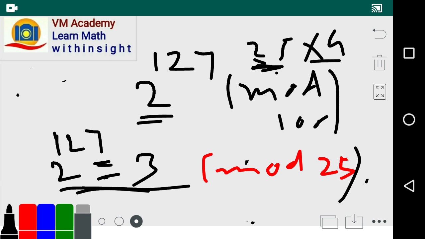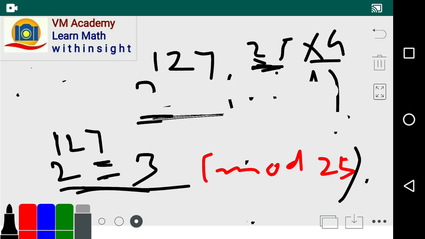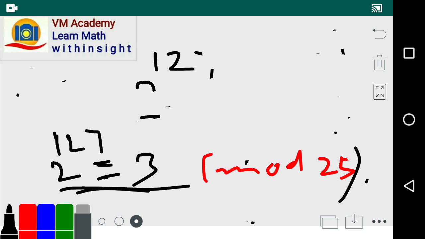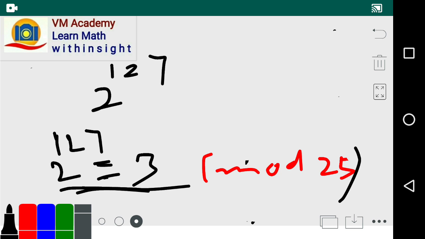Now we calculate 2 raised to 127 modulo 4, and that is also far easier. We would like to calculate 2 raised to 127 with respect to modulo 4.